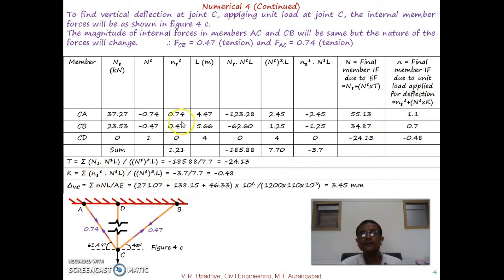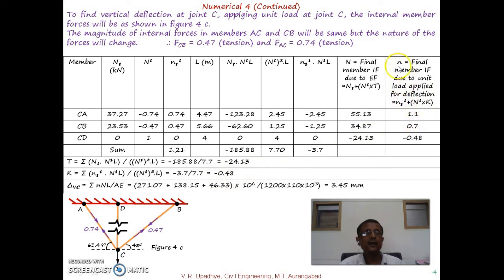How it is calculated: we know that small n1 dash is the internal member forces when this CD member was removed, and K is calculated as summation n1 dash N dash L divided by summation N dash square L. So this K gives us minus 0.48, where this sum is 3.7 and this sum is 7.7. If we multiply this in the equation, we will get this small n.